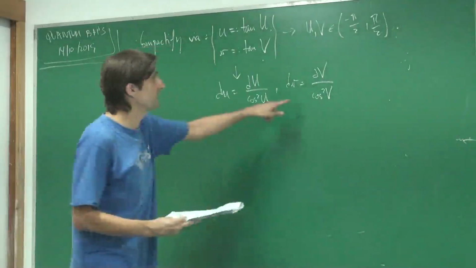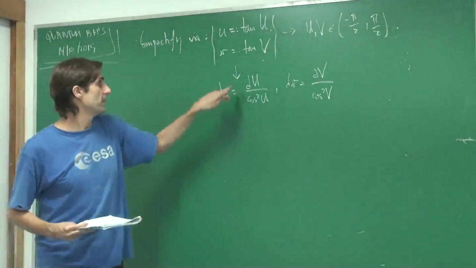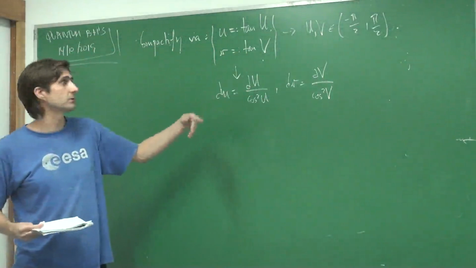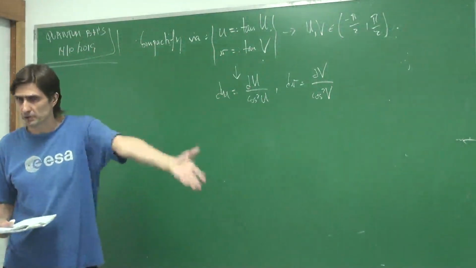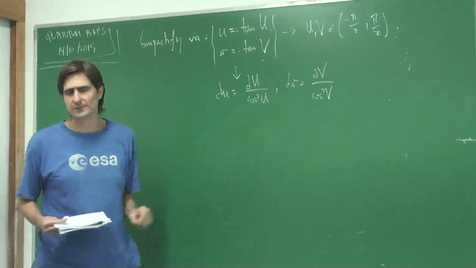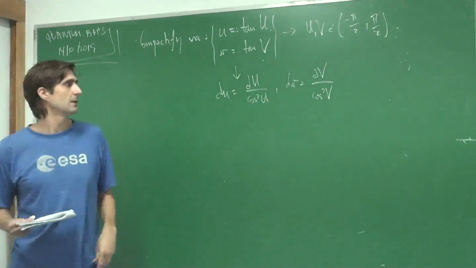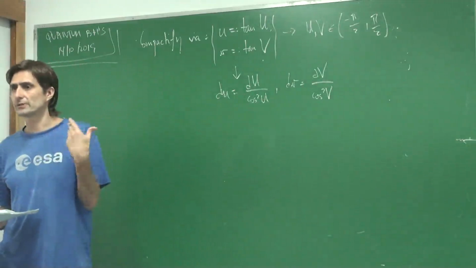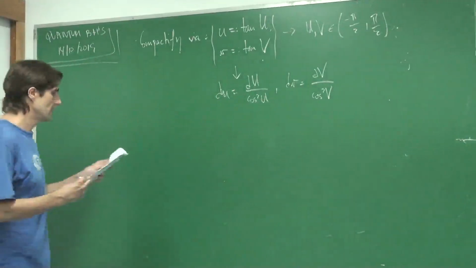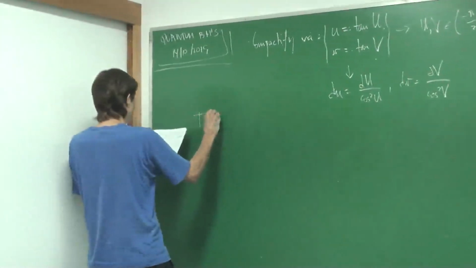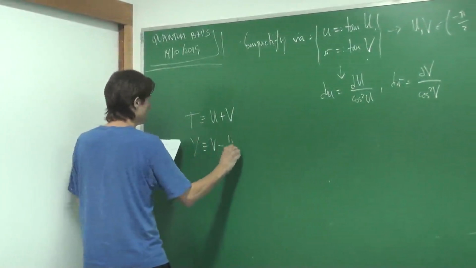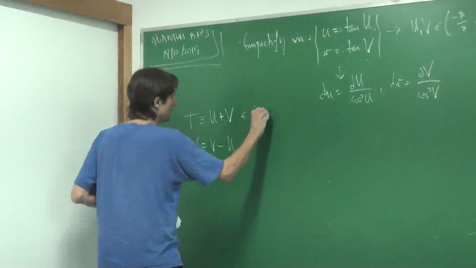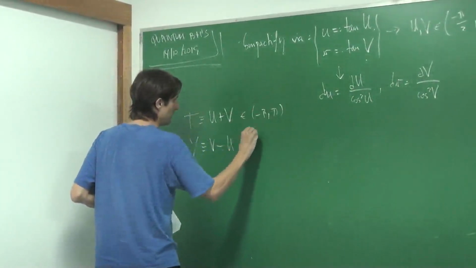These are compactified null coordinates because capital U equals constant still corresponds to little u equals constant null geodesic. So define capital T as capital U plus V and capital Y as V minus U, and that will range between minus pi and pi and minus pi and pi.